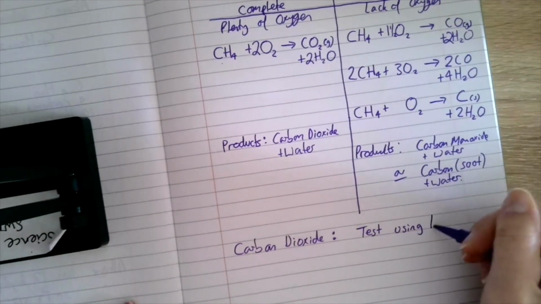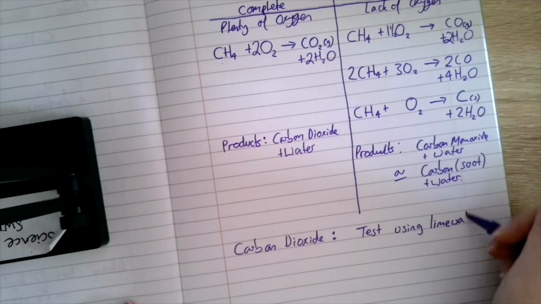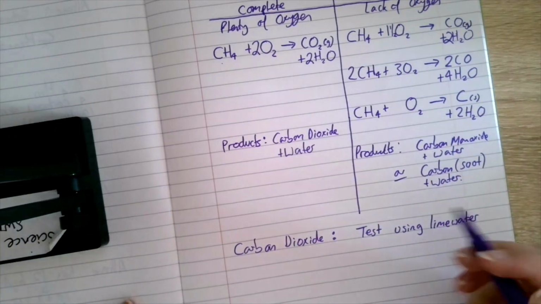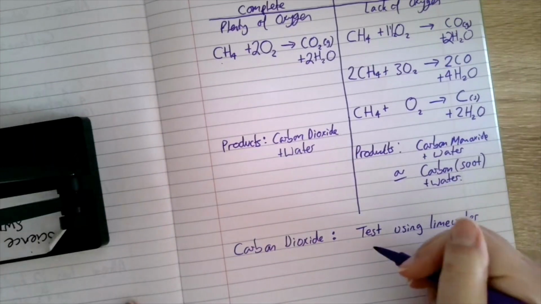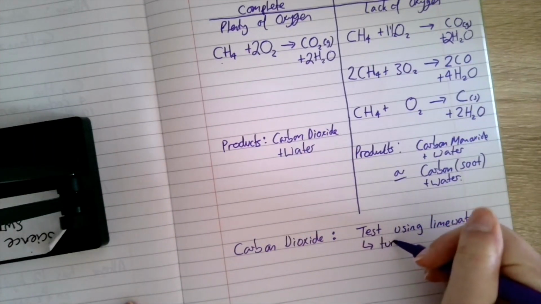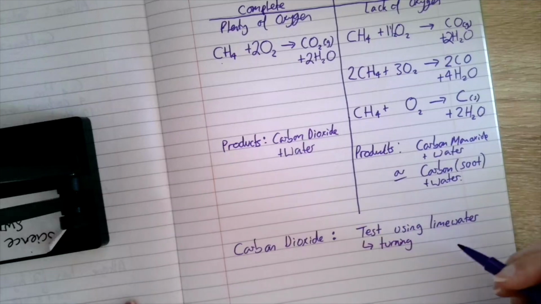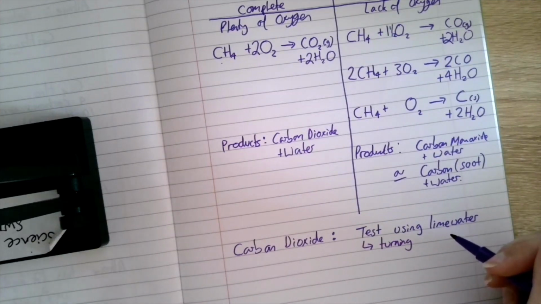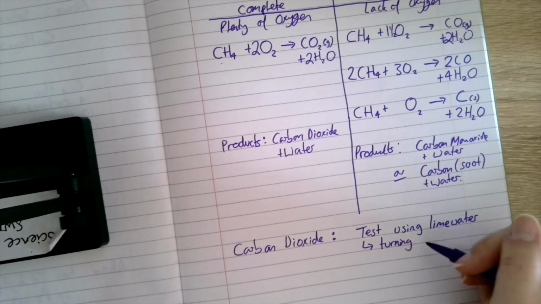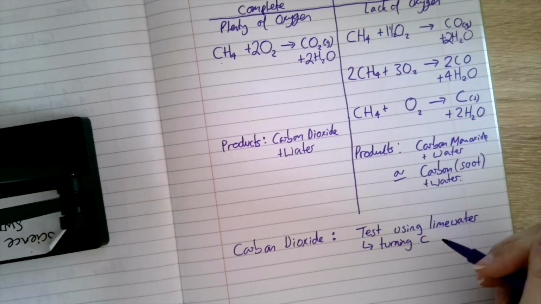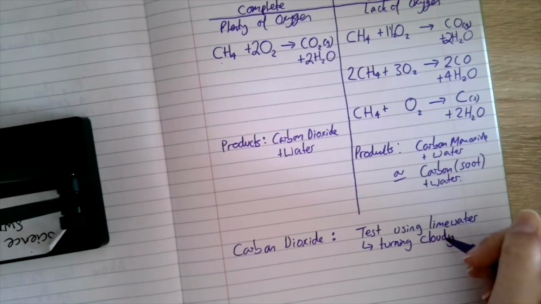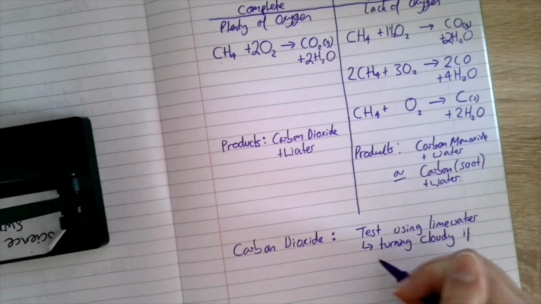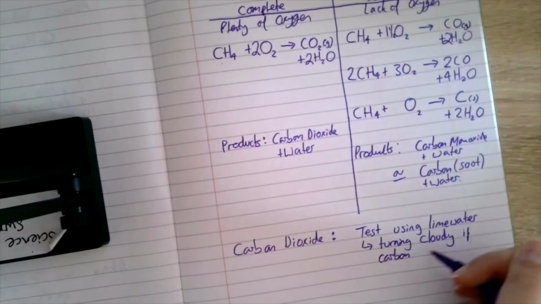So lime water is calcium hydroxide, and so when we bubble carbon dioxide gas through lime water, it ends up turning cloudy, and that's because it forms calcium carbonate, and that is a solid precipitate. Calcium carbonate is chalk, so you can think of that white solid, and so our lime water turns cloudy if carbon dioxide is present.